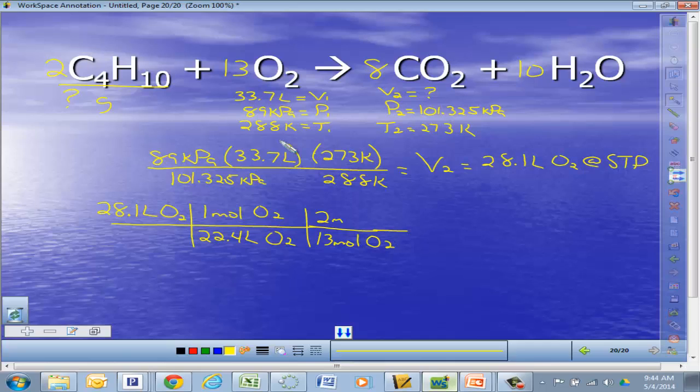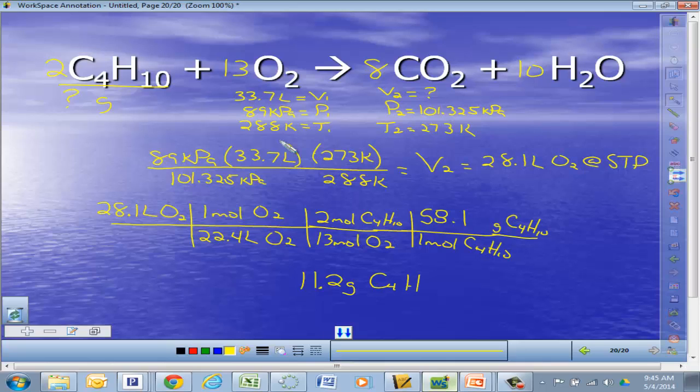So 2 moles of C4H10, and since the question said go to grams, 1 mole of C4H10, I have to add all of that up on the periodic table. And when I add all of that up, I get about 58.1 grams. And when I run that through the calculator, I'll end up with an answer of 11.2 grams of C4H10.